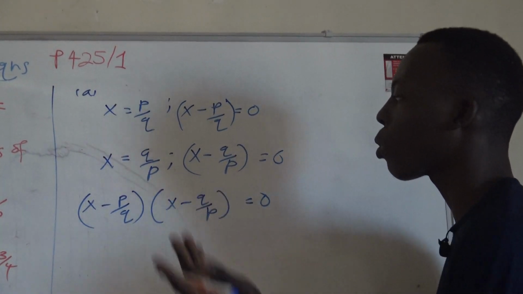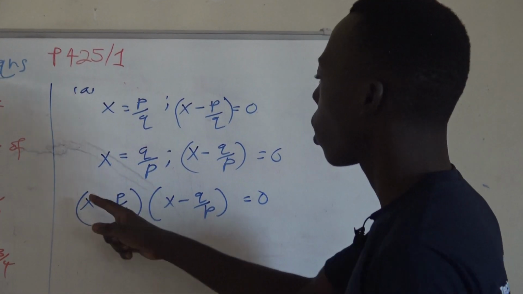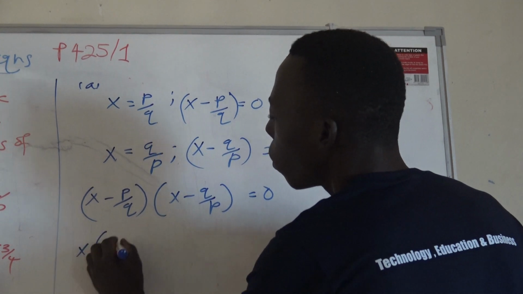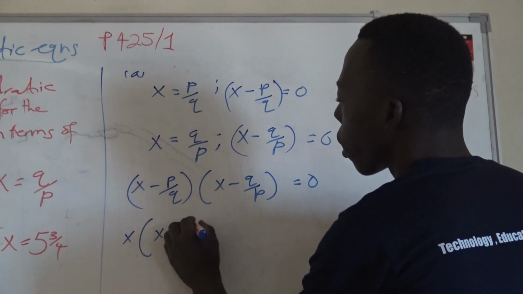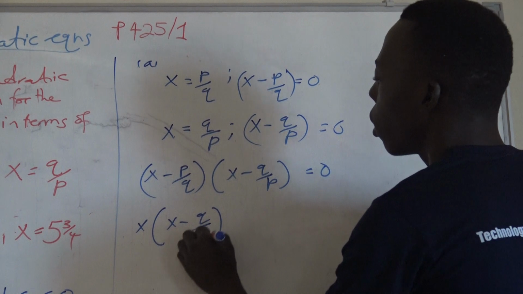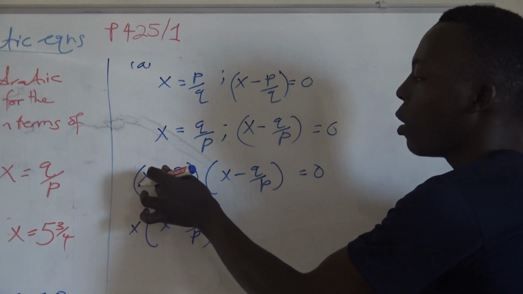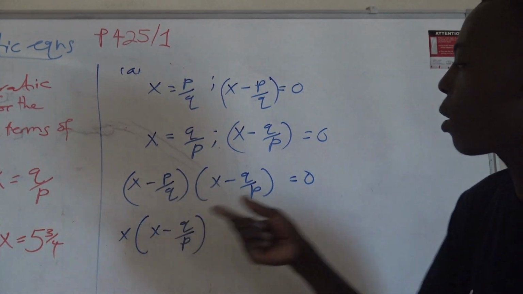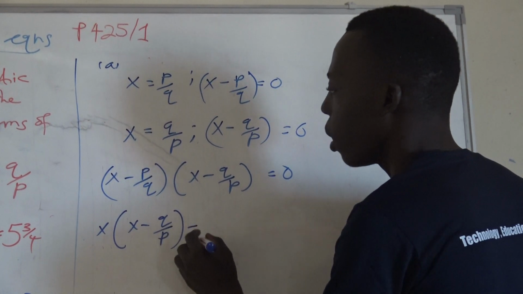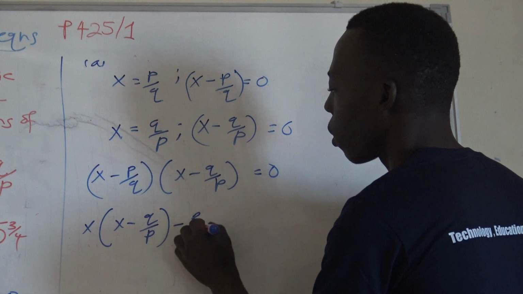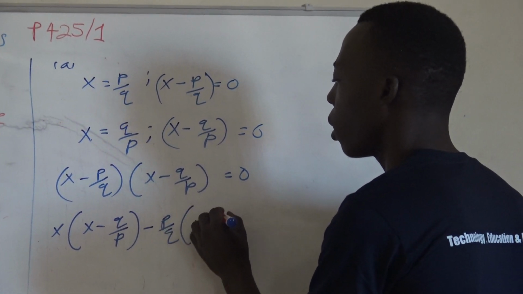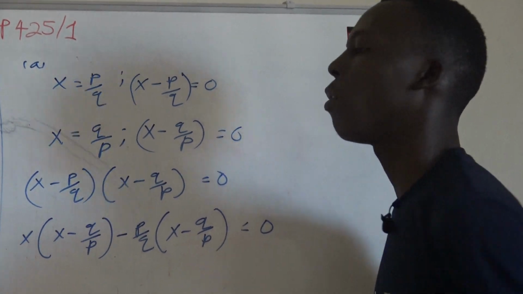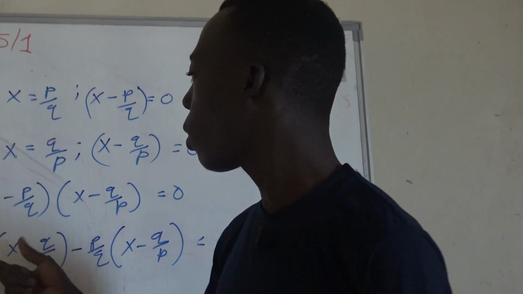So we have to open the bracket as usual, getting this one multiplied with the whole bracket, which is x into x minus q out of p. Then you introduce the sign which is here. If it is a plus, you say plus. If it is minus, it is a minus. So it is minus p out of q into x minus q out of p. So that must give us 0.